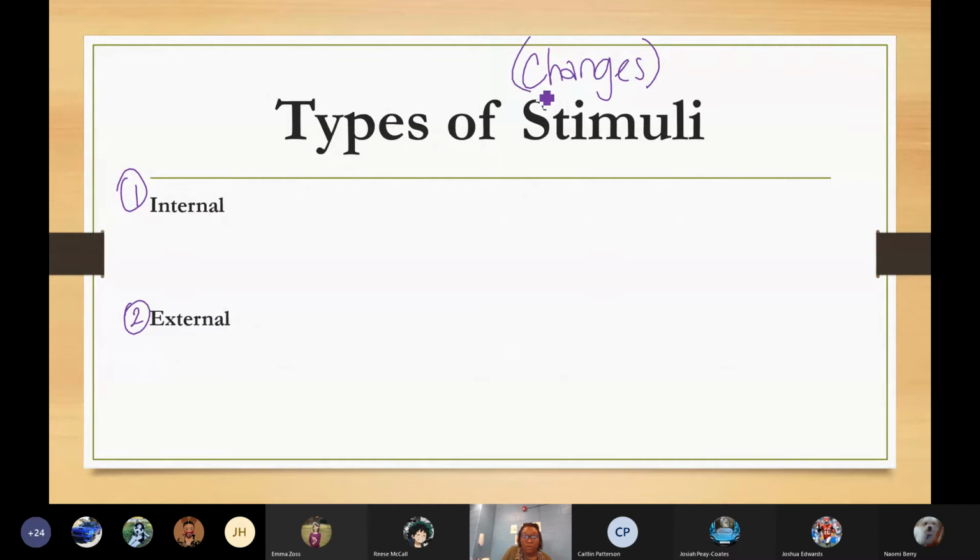And there are external stimuli. An internal stimuli happens inside of our body. An internal stimuli happens inside the body.